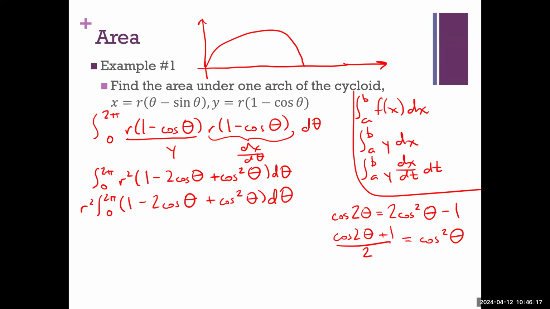I know that was a couple months ago, but I think we've done it a bunch of times. So now r squared times the integral from 0 to 2 pi of 1 minus 2 cosine theta. Actually, can I call this 3/2? No, let's just not skip any steps. Plus 1/2 cosine 2 theta plus 1/2. We okay there?